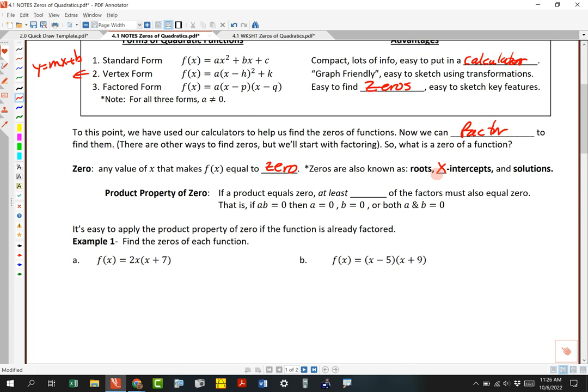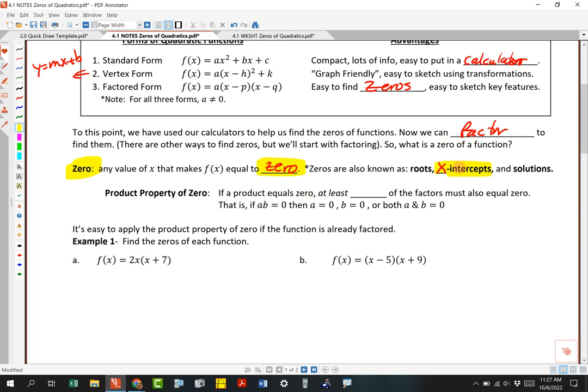I just want to make sure we make this connection. Why would we call them zeros? And what do they have to do with this? Angela?